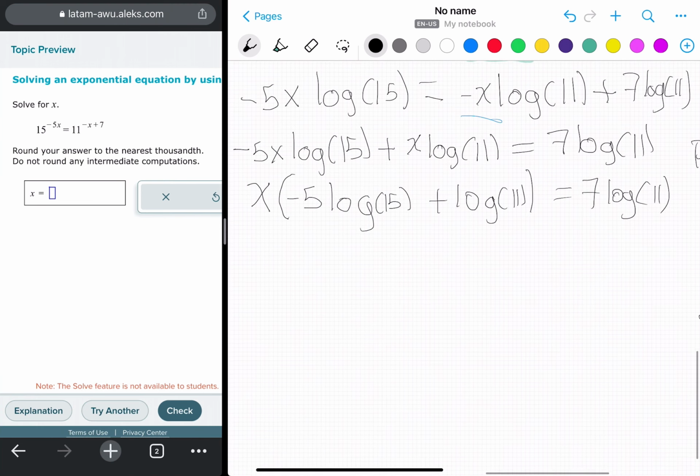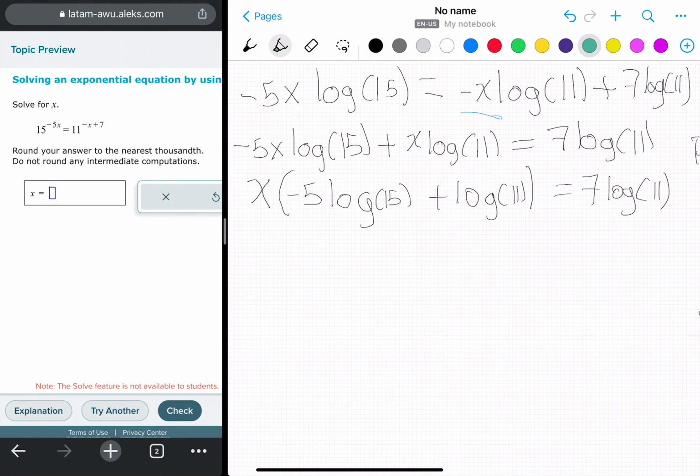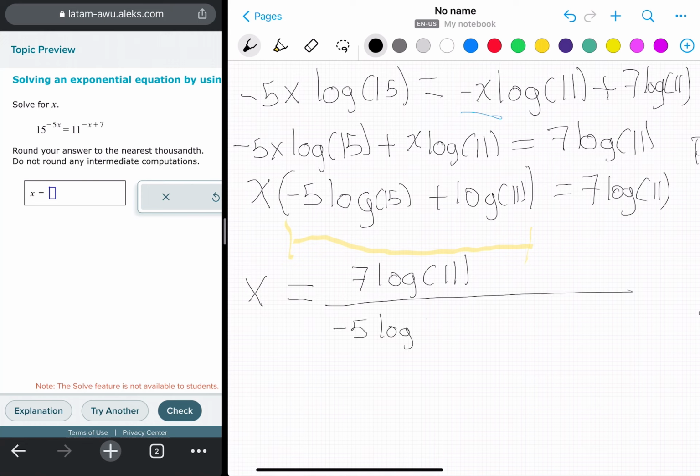At this point, all I have left to do is move this big number to the right of my x. In this case, this big number is multiplying, so I will see it on the right side dividing. So x equals 7 times the logarithm of 11 over minus 5 logarithm of 15 plus logarithm of 11. And that is the answer.